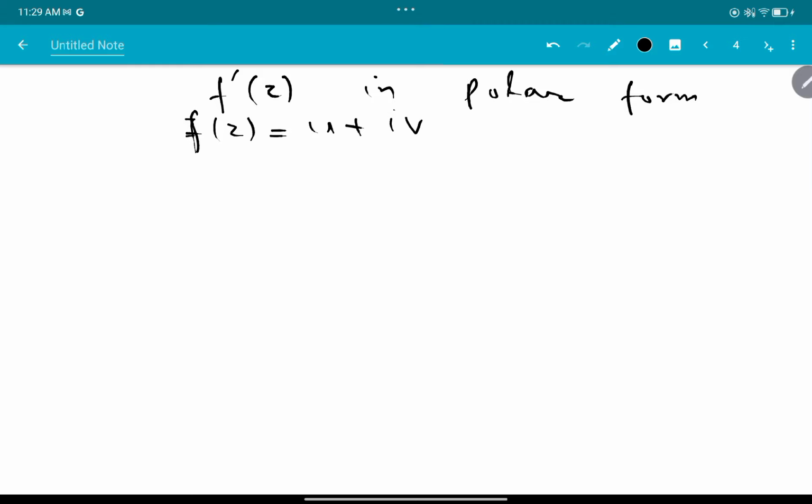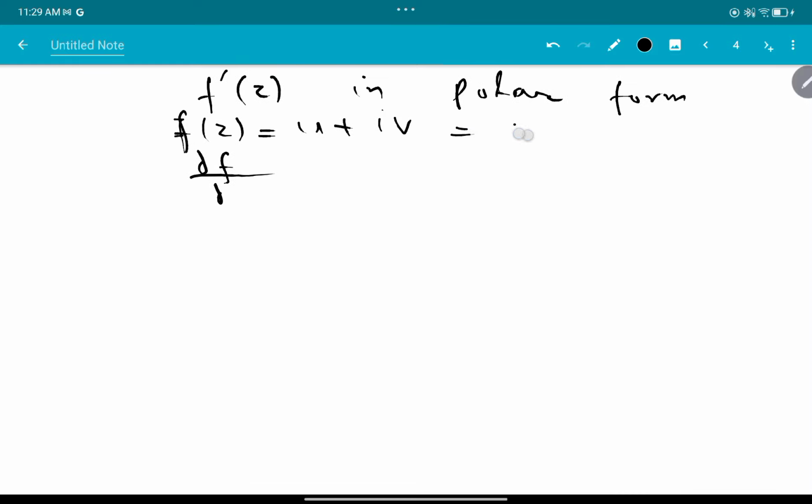Okay, then naturally del f by del, and here one more thing, that is this u is a function of r theta, and v is also a function of r theta. So previously we were writing them as functions of x and y. Now we are writing them as functions of r and theta.